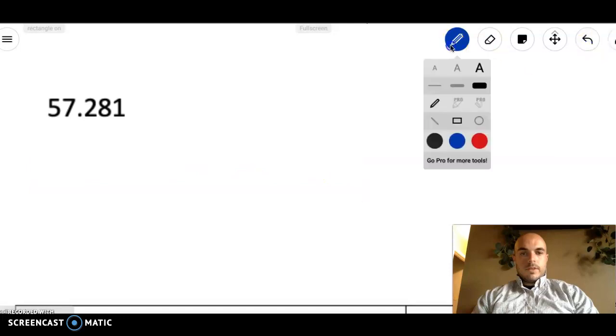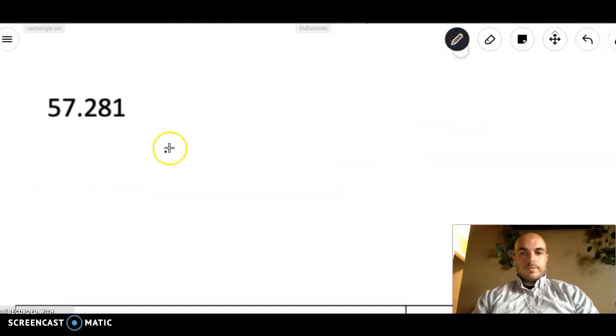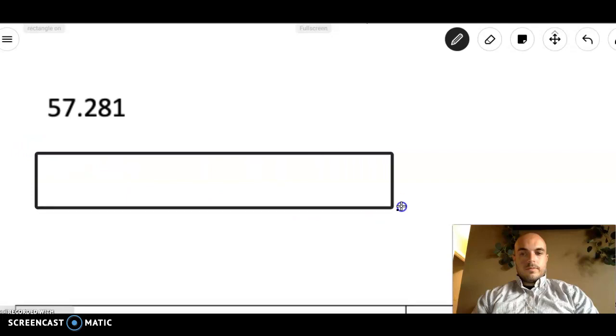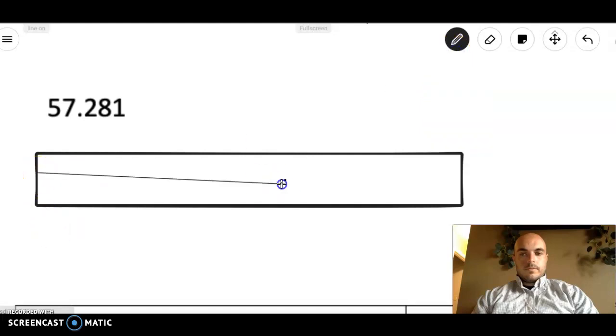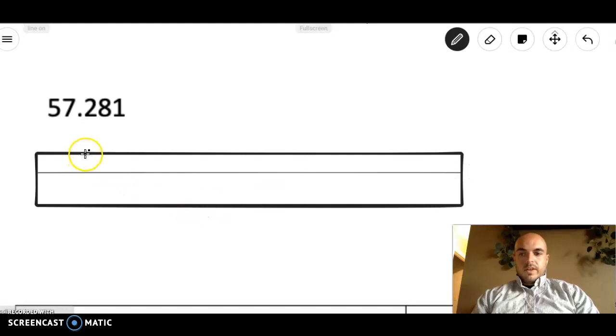Oh, did not want it to be blue. So I have my tens, my ones, my decimal. This is going to be almost a little too big, which is okay.